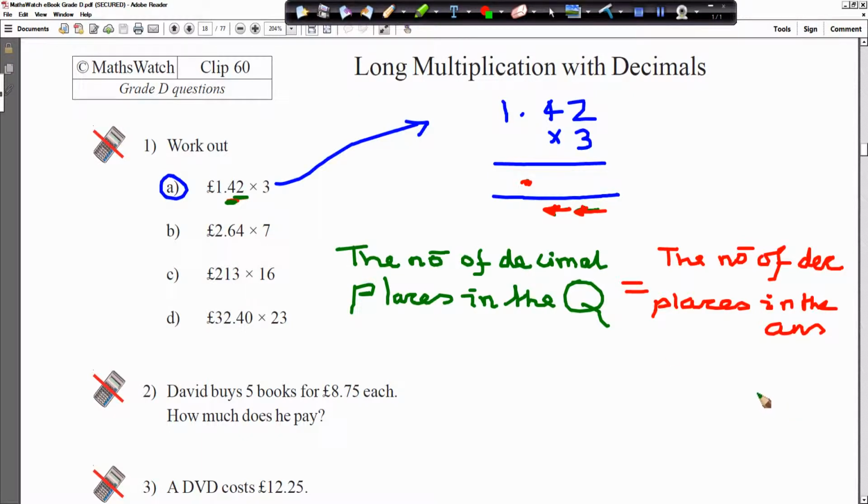Okay, are we happy with that so far? So we count the decimal places. So here, decimal point, 2 places there. We have 2 places in the answer. So 2 times by 3 is 6, 4 times by 3 is 12, and 1 times by 3 is 3, add 1 is 4.